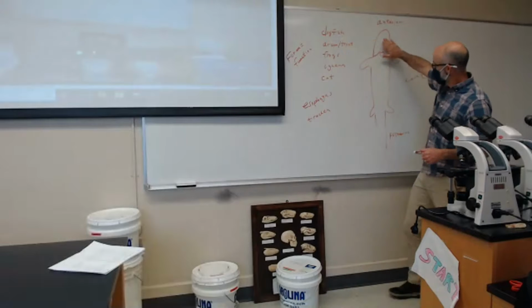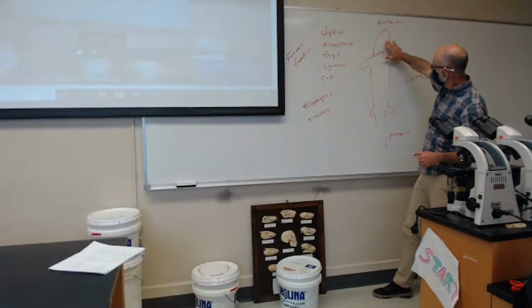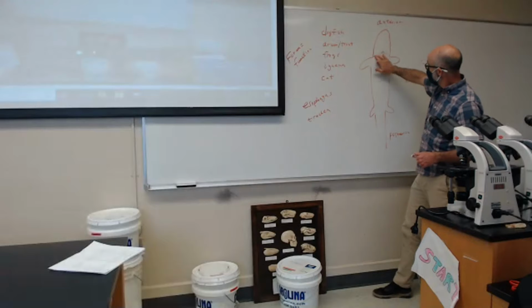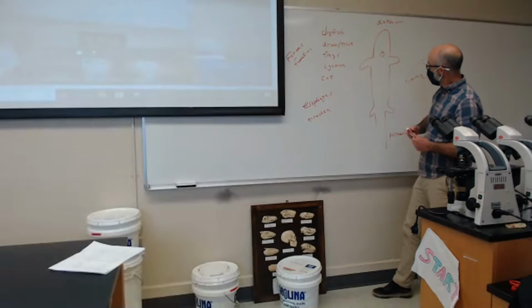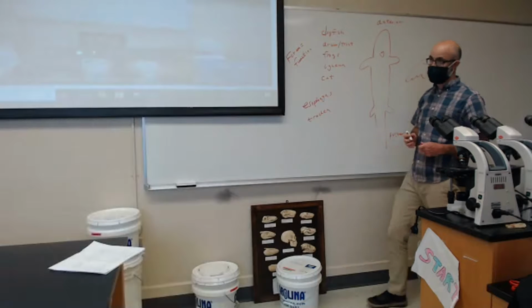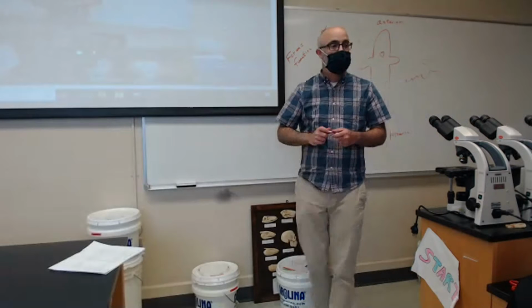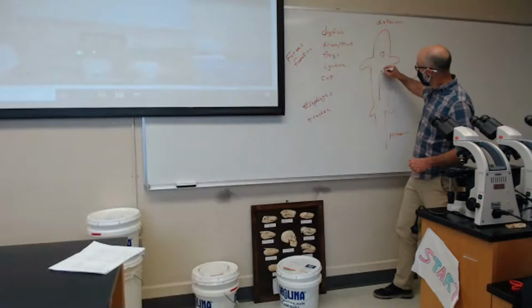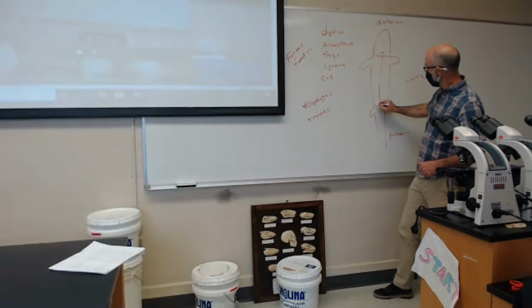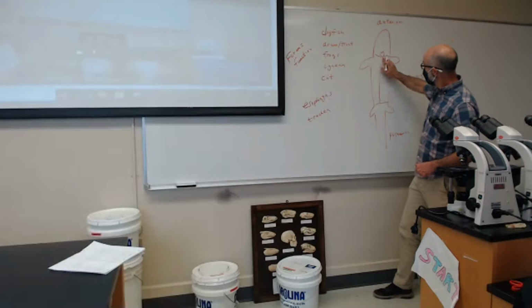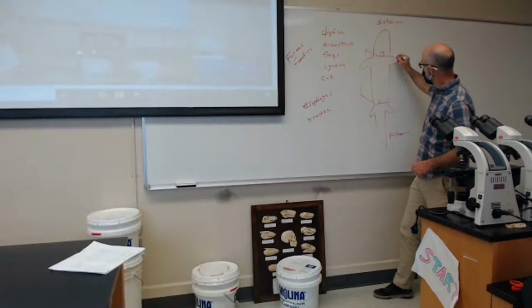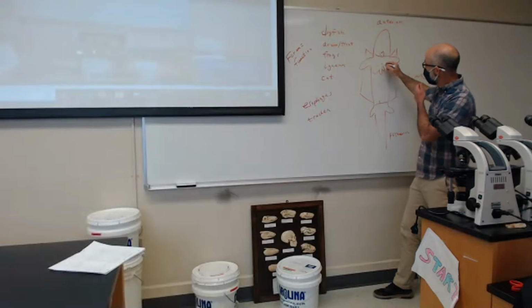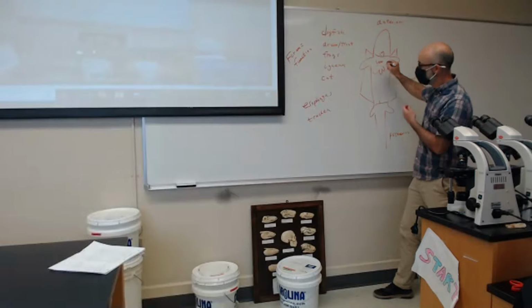So, esophagus, trachea, or another thing you're going to find up in this part of the vertebrae. Now, the liver is one of the largest of the organs. Generally speaking, when you dissect the animal and you cut it open, we're going to make incisions sort of like this. When you open this animal up, one of the first things you're going to see is the liver, and it's generally a lobed organ.